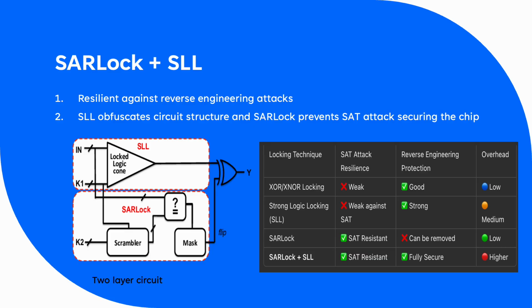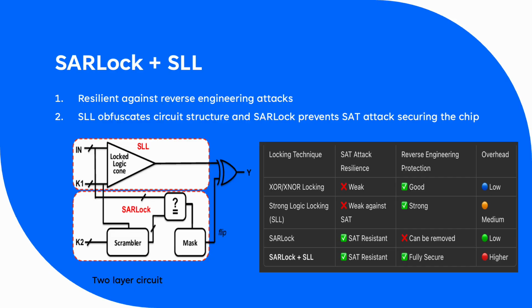To further enhance security, SARLock can be combined with strong logic locking. SLL obscures the circuit structure, making it resistant to reverse engineering attacks. While SARLock prevents SAT attacks, together they can form a two-layer defense that secures the chip against both structural and functional attacks.